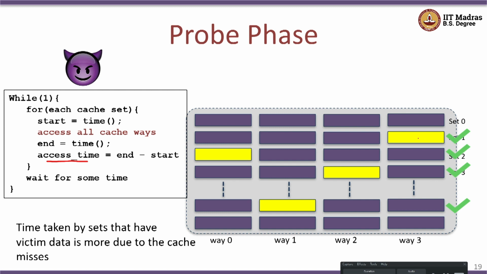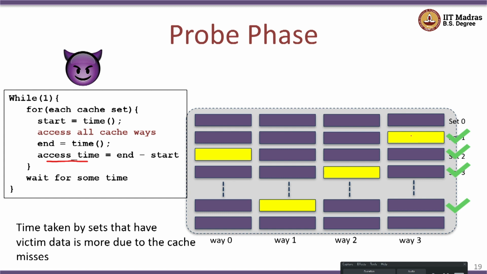To service this cache miss, the processor would need to go to a lower memory, for example the DRAM, and pick the data, which is then stored in the cache. This would take considerably more time than a cache hit.